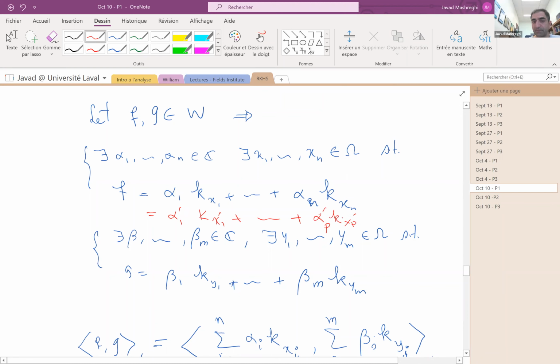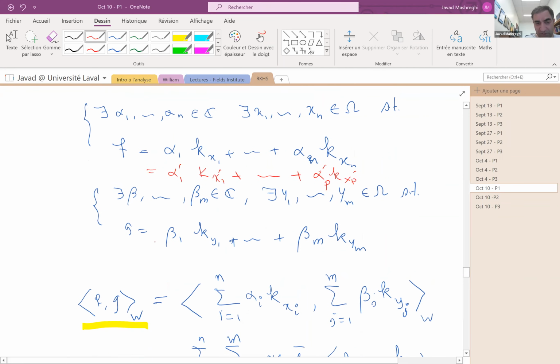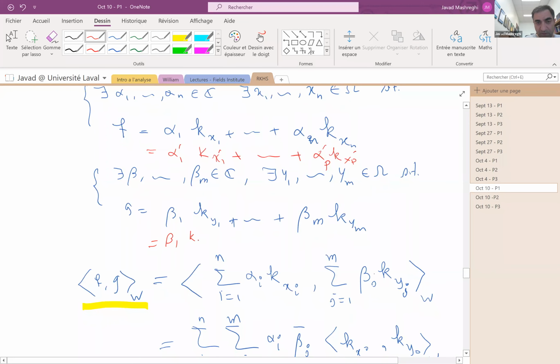And the same for g. g might be beta 1 prime k y1 prime up to beta q prime k yq prime. For both, another set of scalars, another set of points.